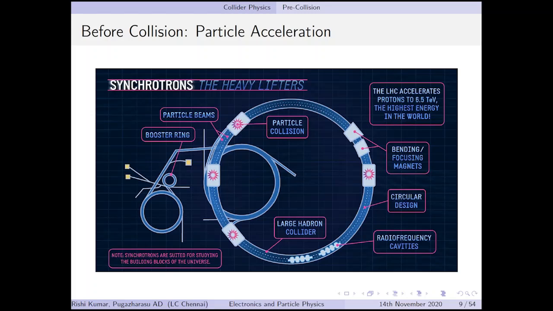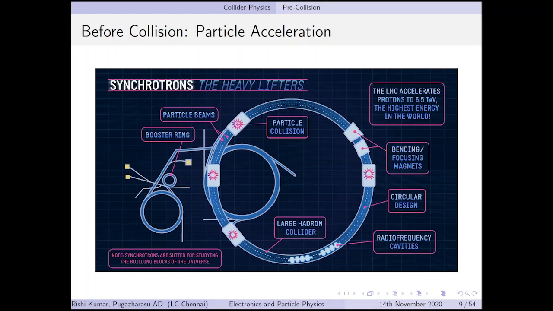As we see here, there is a collision here, a collision here, and a collision there. So you can choose places where you want them to collide. However, even though these bunches consist of billions of protons, the protons are very small, and the vast majority of the volume of a bunch is basically empty space.